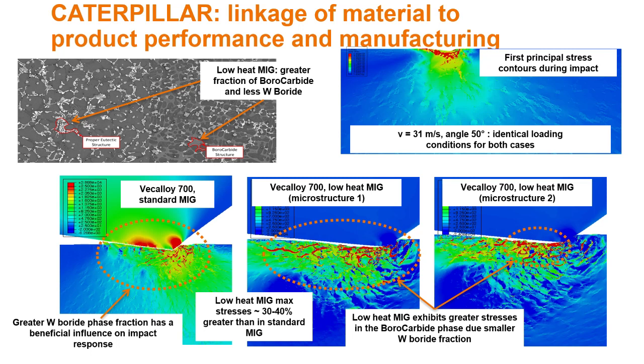Conversely, when we compared similar microstructures produced using low heat MIG, we saw that the stresses exhibited are much larger due to the lower content of tungsten borides. With low heat MIG, the max stresses were about 30 to 40% greater than in standard MIG.